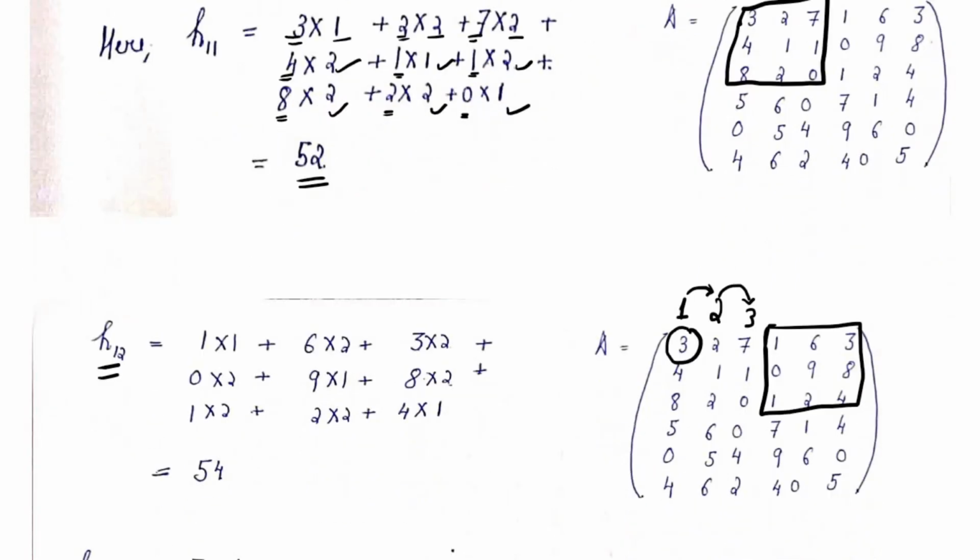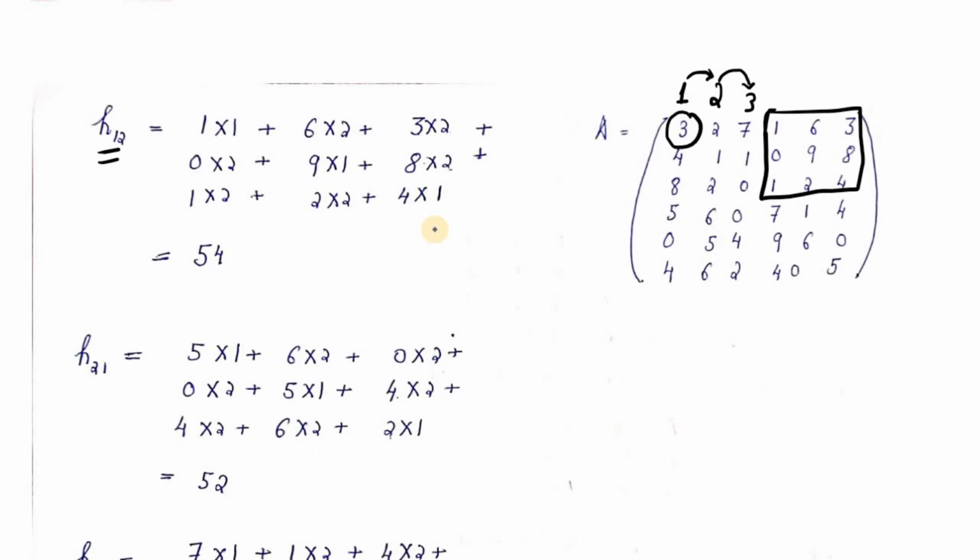I consider 1, 6 and 3 as the first row, 0, 9 and 8 as the second row, and 1, 2 and 4 as the last row. The usual kernel values get multiplied and the dot product comes out to be 54. So we calculated the second value of the first row of the output matrix. We have now calculated these two values using a stride of 3.